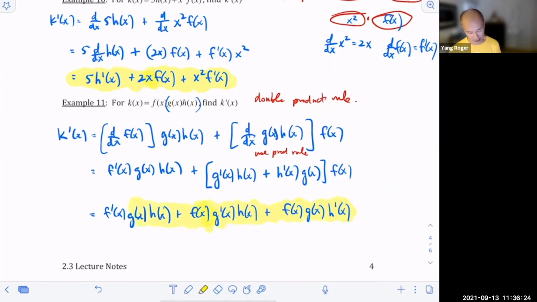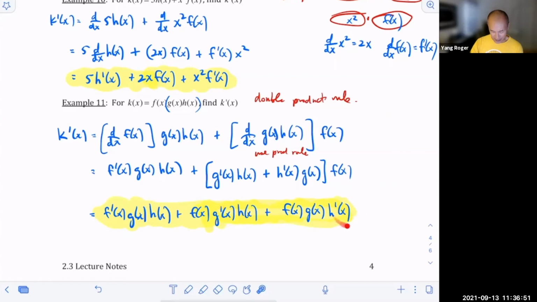No questions. Does anyone see any cool kind of pattern here when I look at the derivative? I'm just mentioning it not because it's important, but just because it's kind of cool. I have 3 terms, and each term has the same kind of shape. It's f, g, h, f, g, h, f, g, h. The first term, I take the derivative of the first guy. The second term, I take the derivative of the second guy.